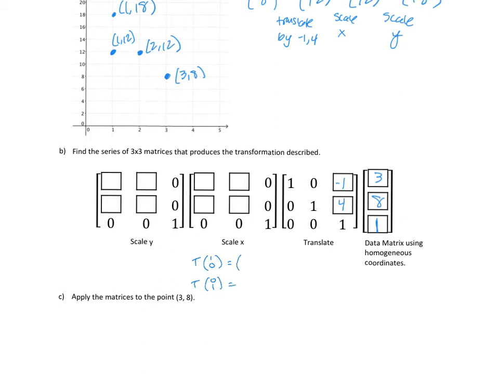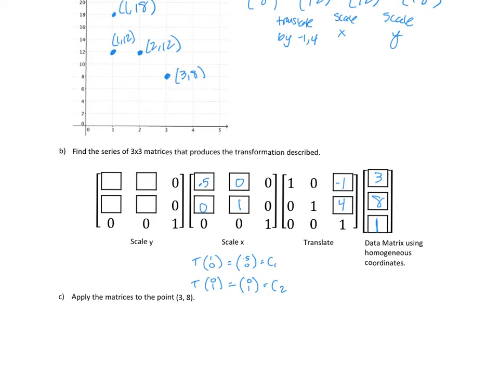So if you scale this x-coordinate by a half, you get (1/2, 0). Scale the 1 by a half, you do nothing to y. And then (0, 1), same thing. Scale the x-coordinate by a half, it doesn't change because it's 0. You do nothing to y. So those are the columns of my standard matrix that go in the blank spots here. So I put (0.5, 0) in the first column and (0, 1) in the second column.